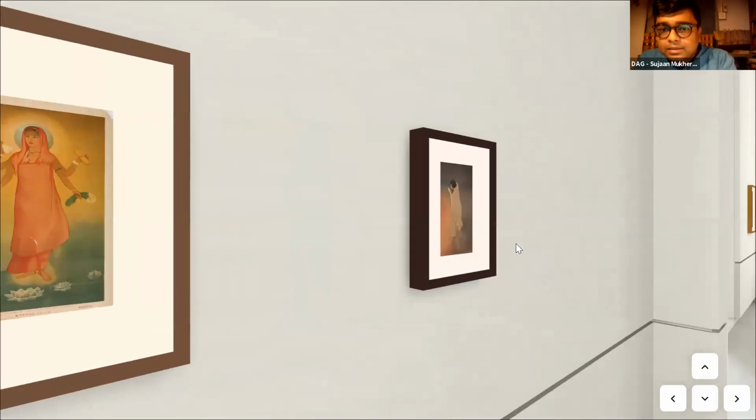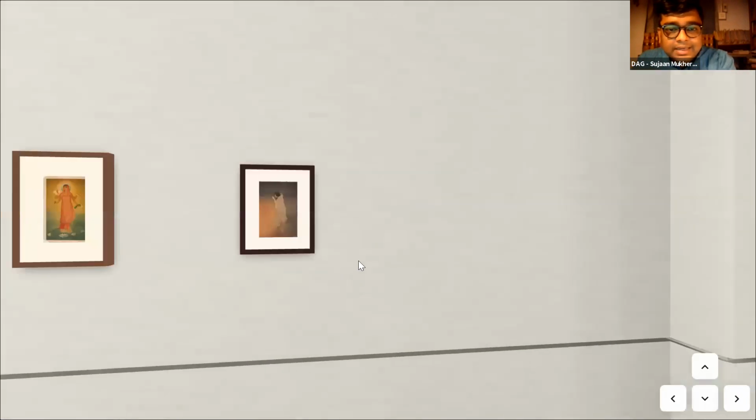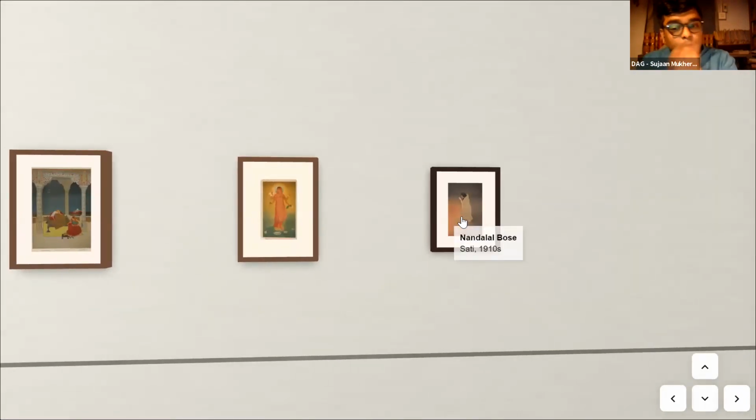And this is another fascinating work by Nandalal Bose, who was a student of Abanindranath Tagore, as well as the first principal of Shantiniketan's Kala Bhavan, which was the art school college at Rabindranath Tagore's University in Shantiniketan, in Bengal. And Nandalal Bose also, I'll leave you to it perhaps.